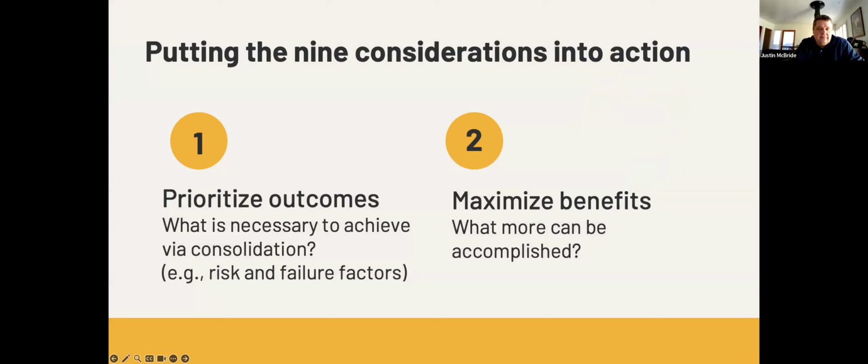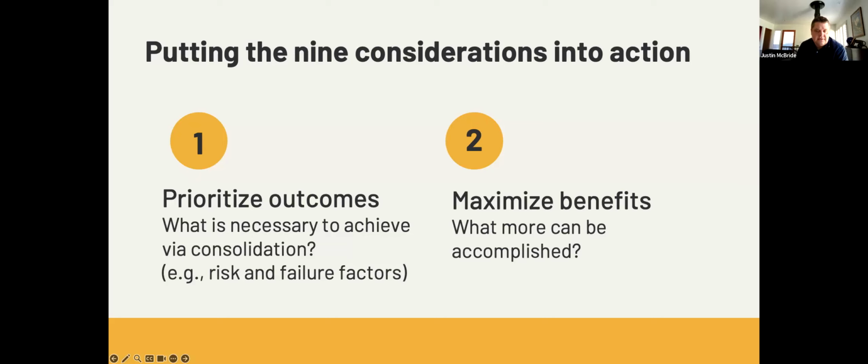And so I think those 9 considerations that Greg talked about, the 2 ways to think about those is prioritizing your outcomes. So what are you actually trying to accomplish, but also looking to maximize benefits and what's the best benefit that you can get, right? I think it's pretty obvious. We all know when a system's failing and that there's things that need to be addressed, like inadequate TMF or other kinds of problems like that.